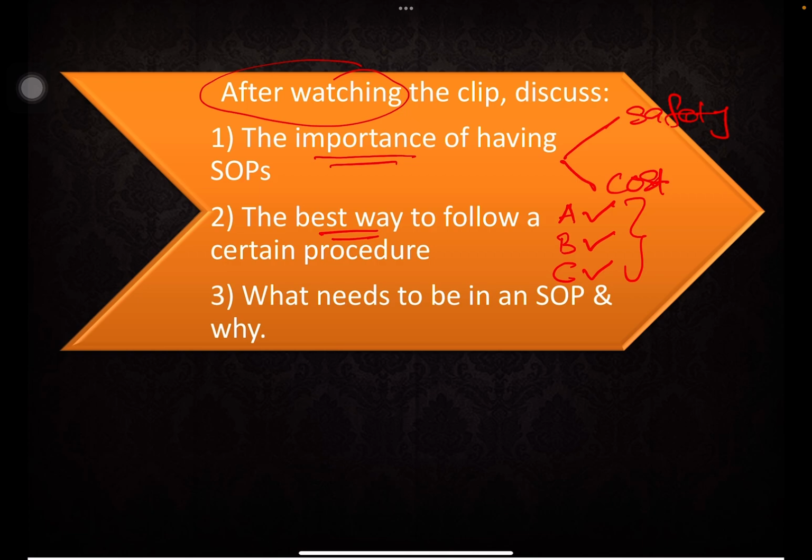After that, you decide which one is the most suitable or applicable according to the situation. And then lastly, after you have watched the video, you need to consider what needs to be in an SOP and why you need to have it.